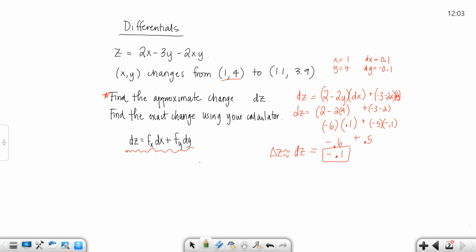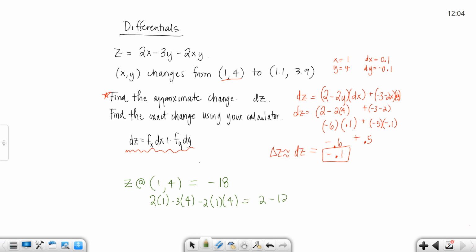So if you plugged in the point, let's do it this way, z at the point 1, 4 would be, it looks to me like it is negative 18. So if you looked at it, you'd get 2 times 1 minus 3 times 4 minus 2 times 1 times 4.